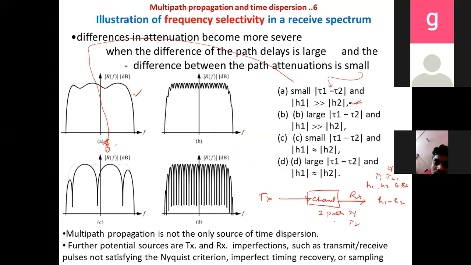So that means the difference in the time delays is very small and the attenuation difference is very high.